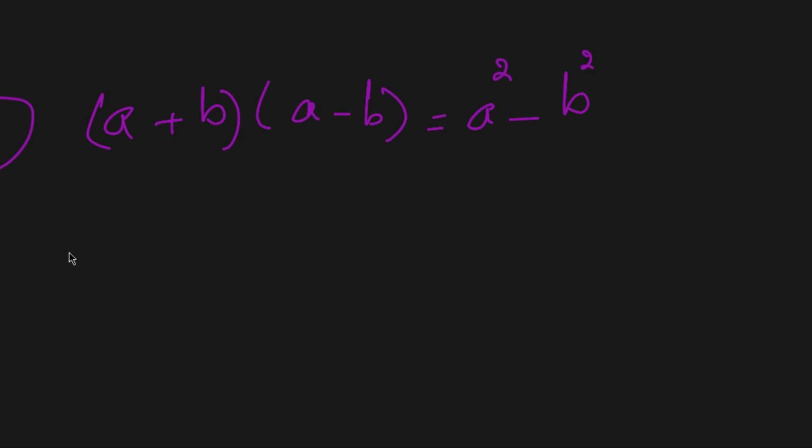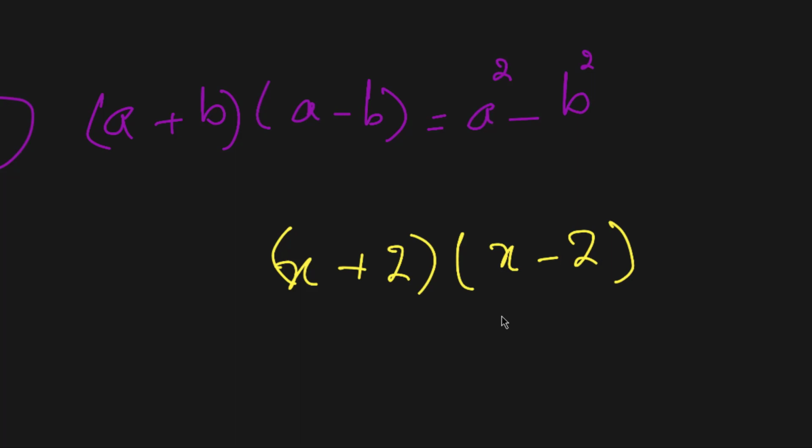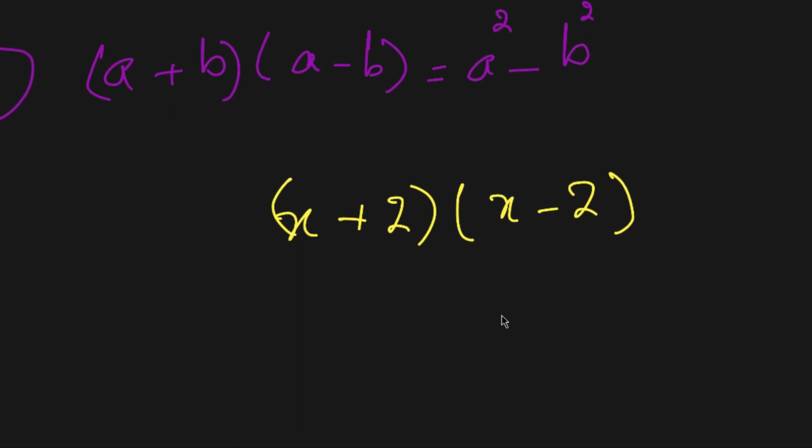So let's say now we have a question which is, let's say we have x plus 2 into x minus 2. Now instead of doing it the distribution method way, we could just simply use the formula to expand the brackets to find the product.